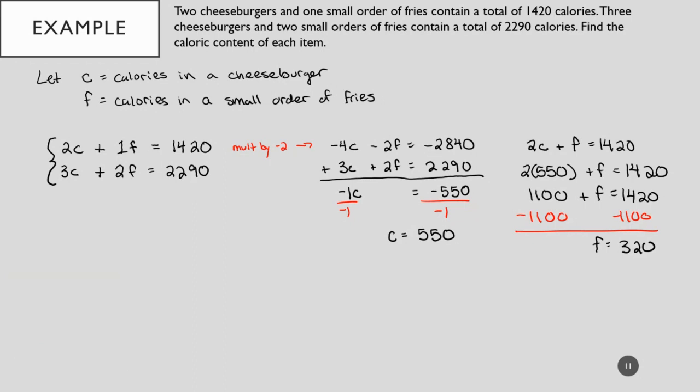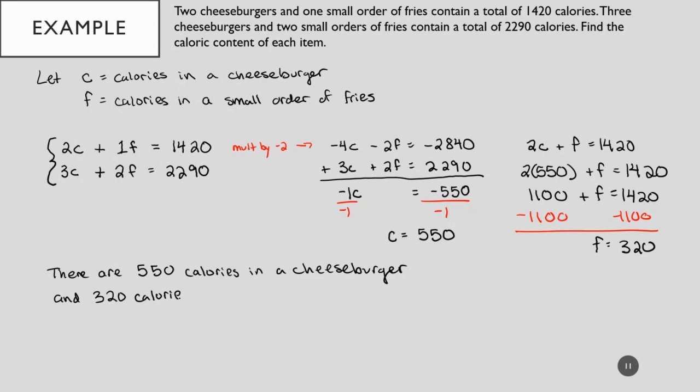So your answer would be, there are 550 calories in a cheeseburger, and 320 calories in a small order of fries.